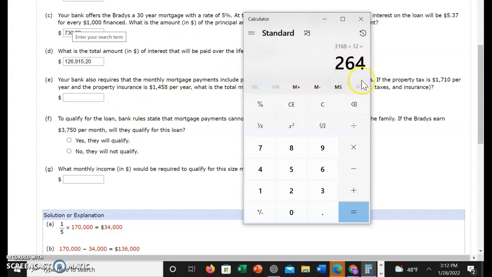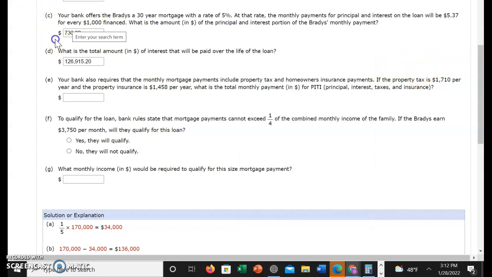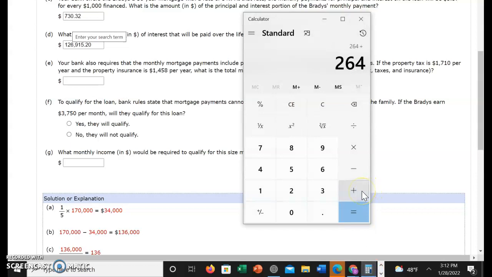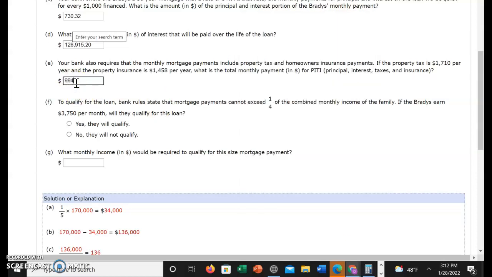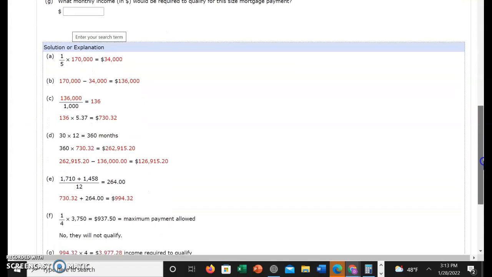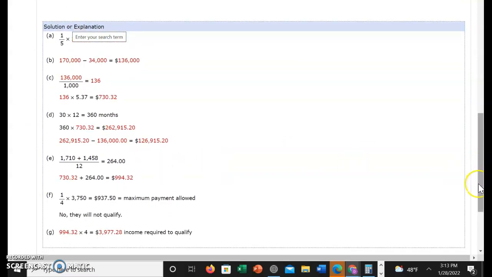So we have $264 per month in addition to our $730.32 for principal and interest. If you add those two numbers together, you get $994.32.